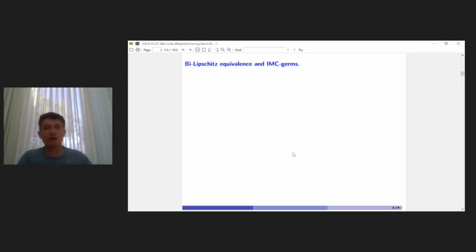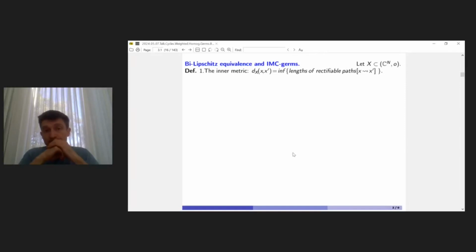So let's recall bi-Lipschitz equivalence and inner metrically conical germs. As previously stated, X will be a complex analytic germ, and then we have the inner metric on X. For any 2 points, we consider the infimum of the length of all the paths, in a completely classical way.